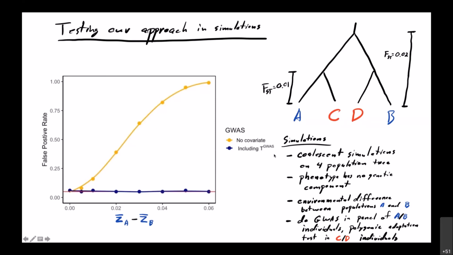But if we do this procedure of first computing the version of the test vector in the GWAS panel and including that as a covariate, our false positive rate stays completely flat, no matter the magnitude of the environmental difference.